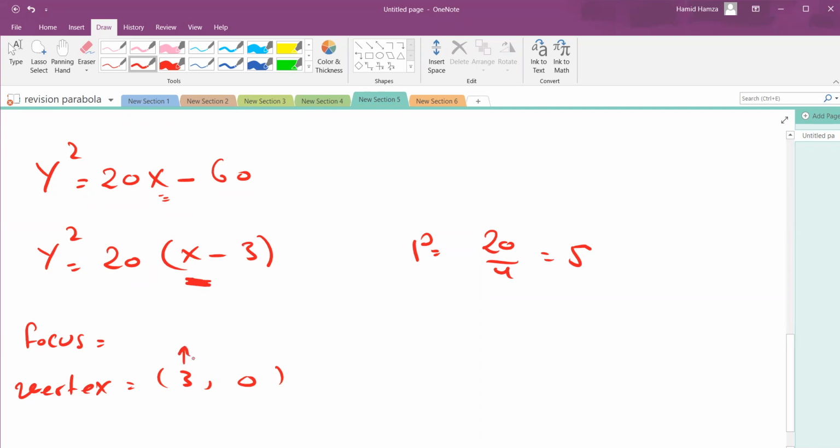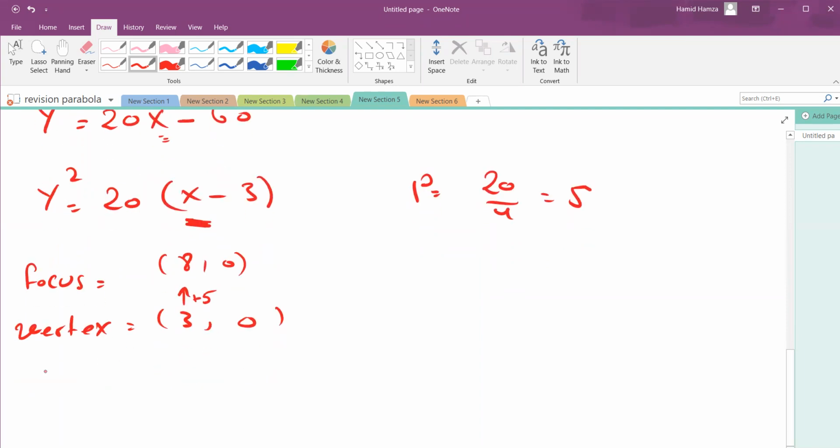So add 5, 3 plus 5 that will be 8 and 0. Directrix equation: x equals 3 minus 5, that will be negative 2.